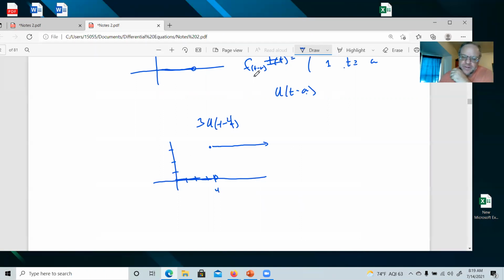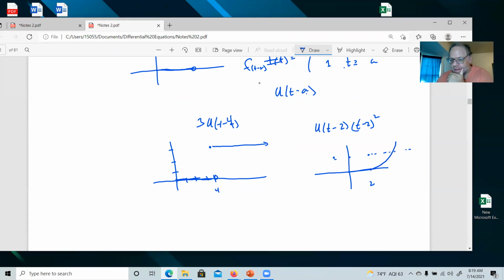It's a little bit more interesting when you do something like u of t minus 2, and then multiply by t minus 2 squared. Again, we're 0 up until this point, and then at 2, technically the unit step function is doing this, but it's just multiplying by this parabola piece here.